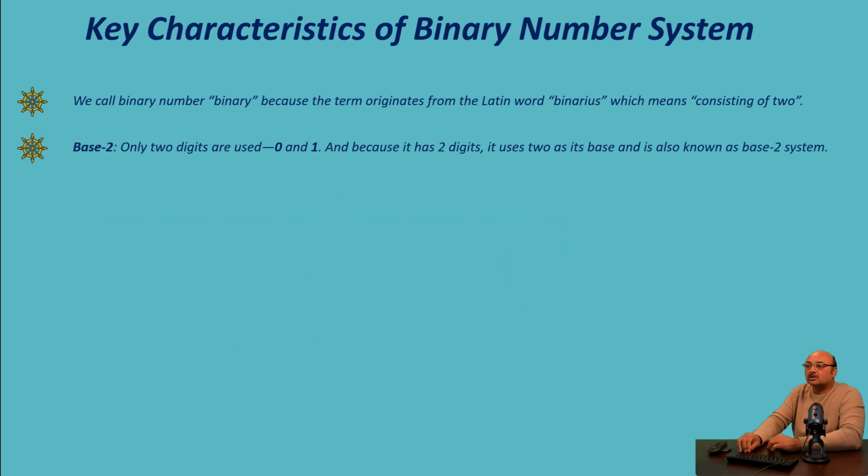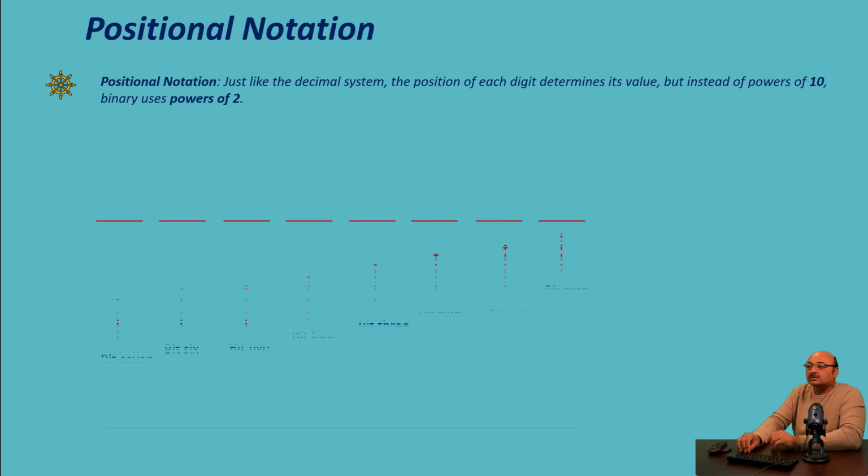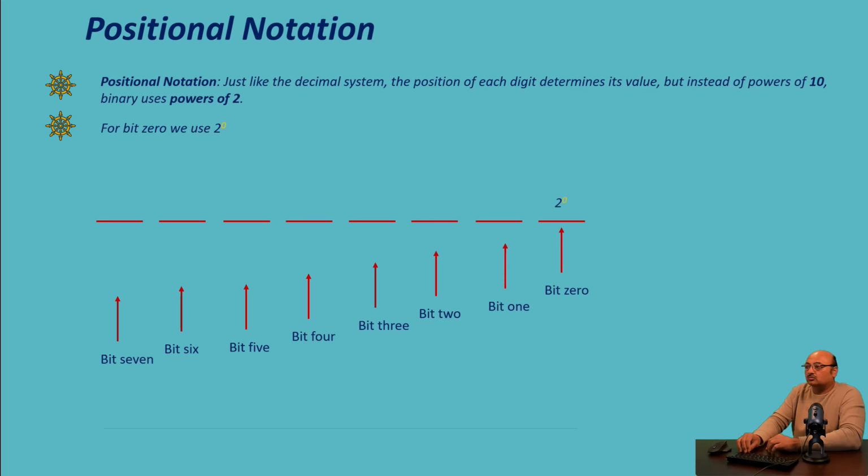The next property: since this is a binary number system consisting of two numbers, 0 and 1, the base is 2. And the position is important here. For bit number 0, the positional weight is 2 to power 0. For bit number 1, it becomes 2 to power 1. Then as we move left, these become 2 to power 2, 3, 4, 5, 6 and 7.